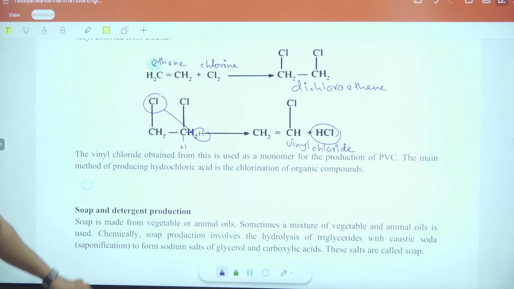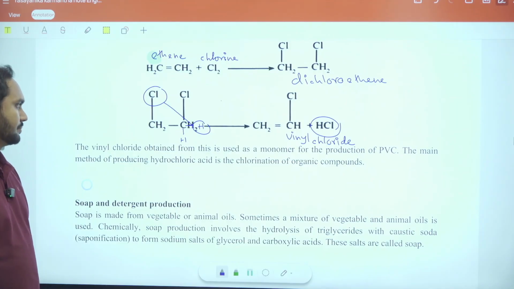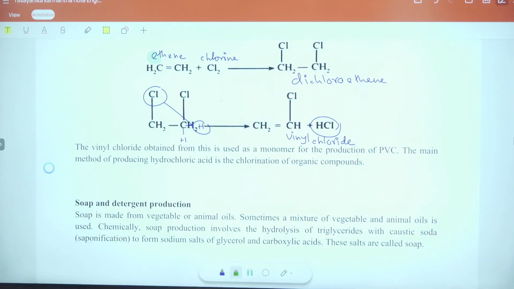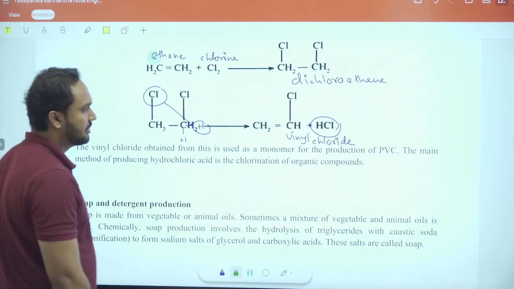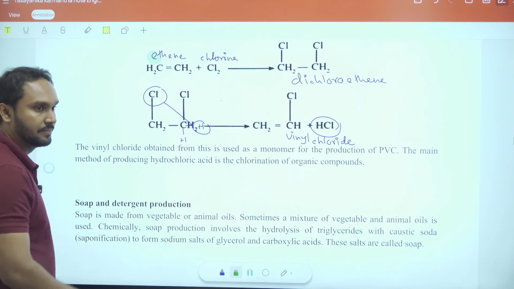The vinyl chloride obtained from this is used as a monomer for the production of PVC.